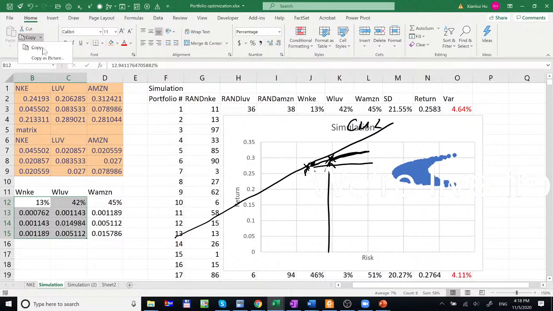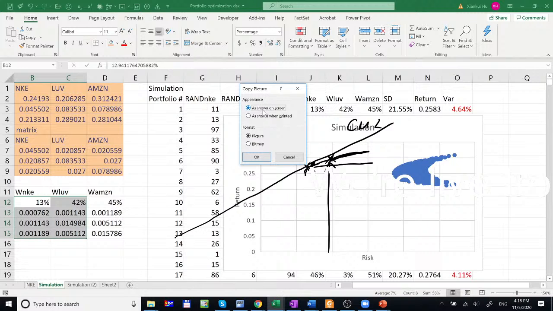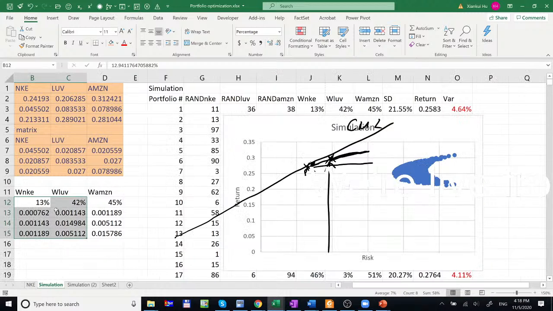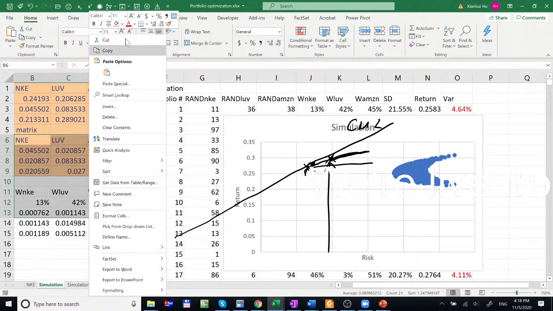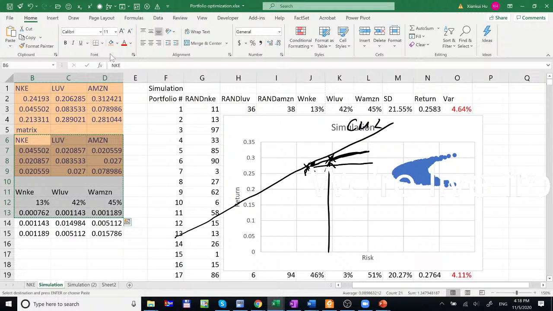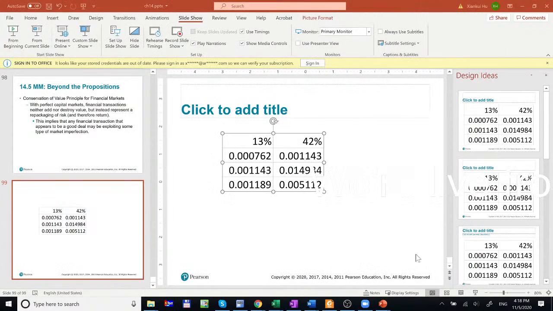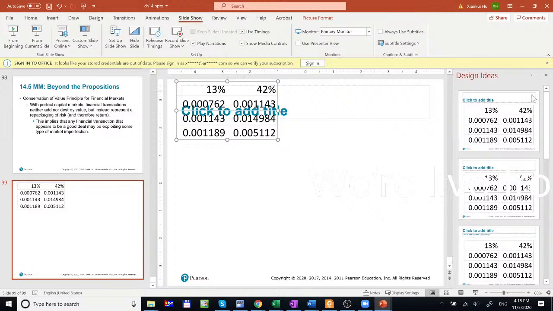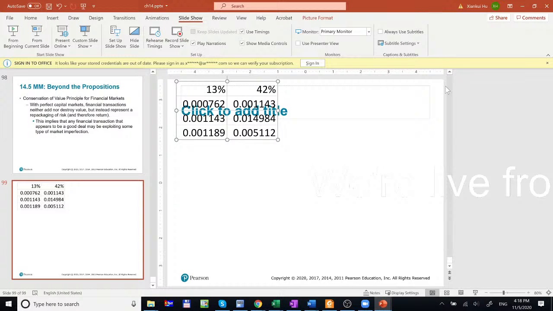We copy the picture. So now if we just select this, okay, copy, and paste right here. Magic. Okay, now it's magic.